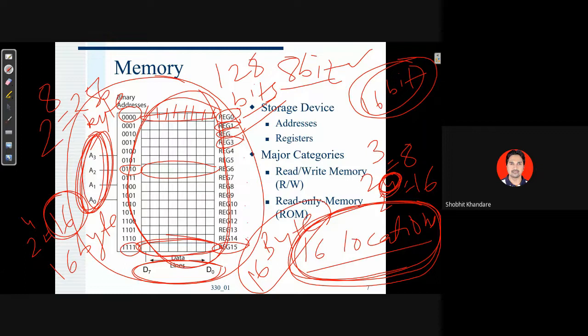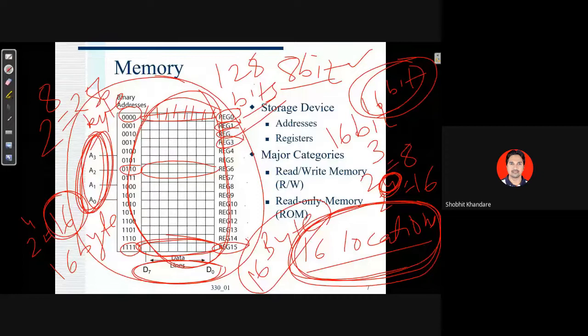Now at the last, if I am using 16 bits of address bus, how much maximum memory size can I access? 65,536.